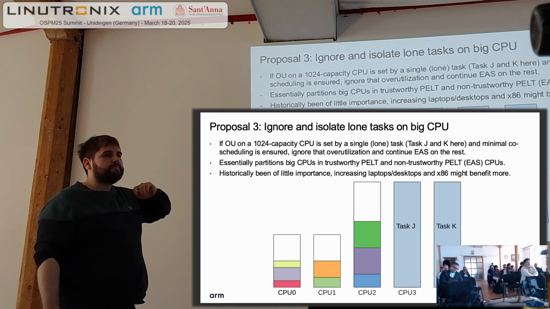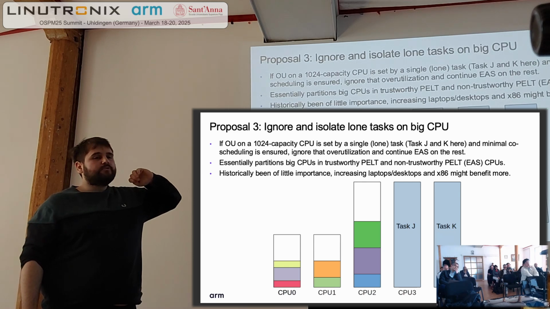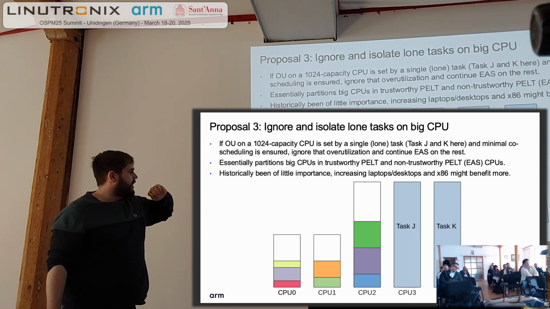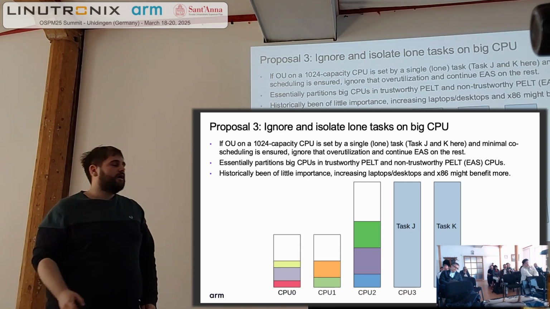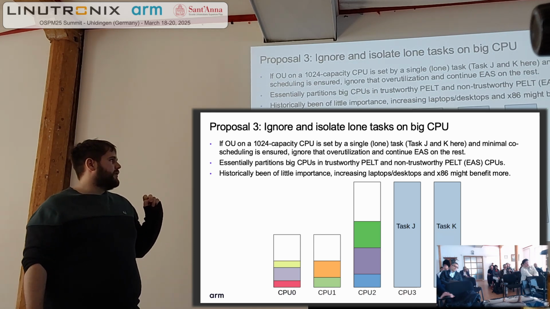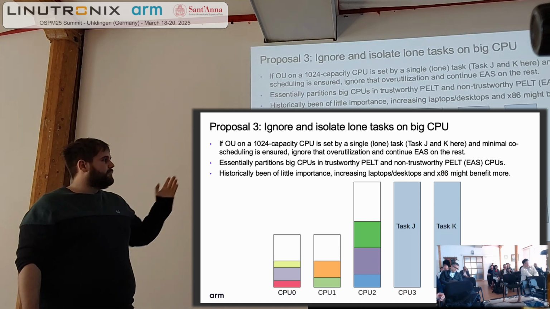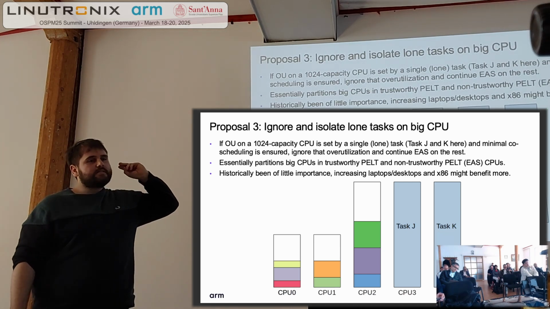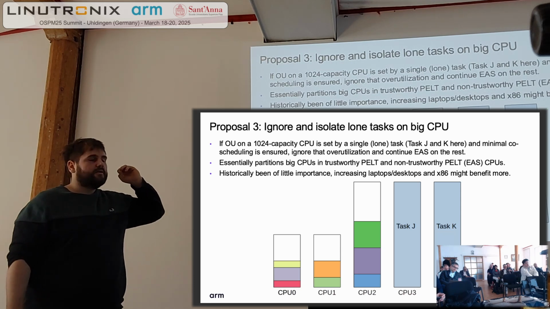Another proposal, especially with the many big CPU topologies, is if we have a bunch of tasks on the first 3 CPUs, and CPU 3 and CPU 4 are just dominated by one task respectively, and we consider them overutilized because of that. It's a big CPU, it's 1024, it's all we've got. There's no way our PELT utilization signals are going to be accurate.